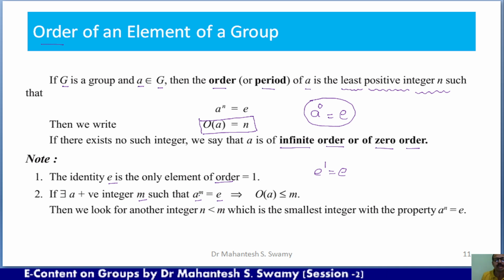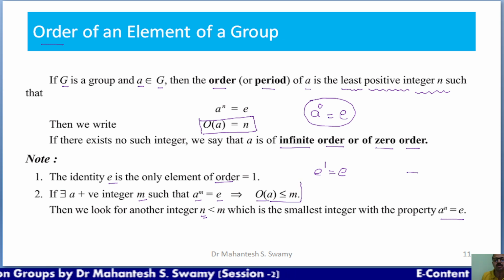It looks like that, but there can be any other element n with the property that a^n is equal to e. Therefore, you can say that the order of a is always less than or equal to m if a^m is equal to e.